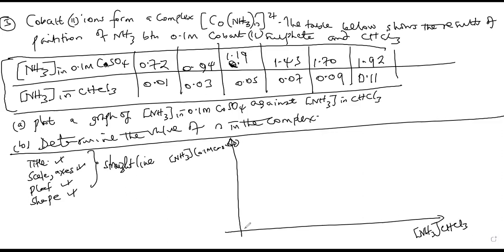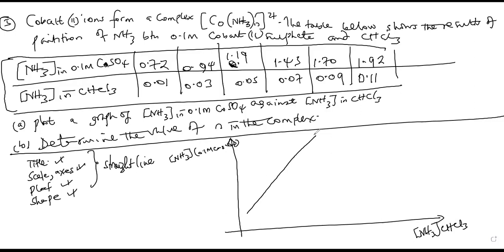Now, remember, for you to get the value of N, you need the complexed ammonia. To get the complexed ammonia, or the number of moles that complexed with 0.1 molar solution of cobalt 2 ion, we need the intercept. In other words, as you plot, you're going to come up with a graph in this shape.